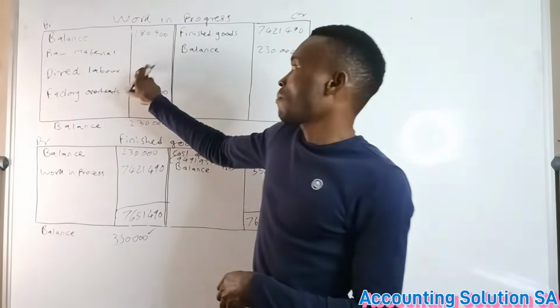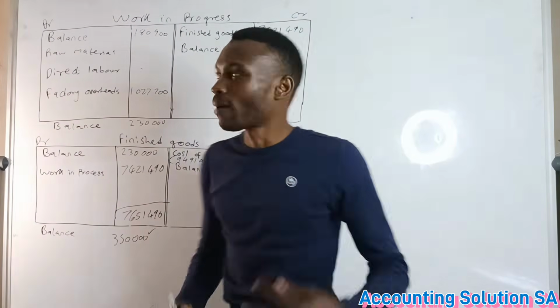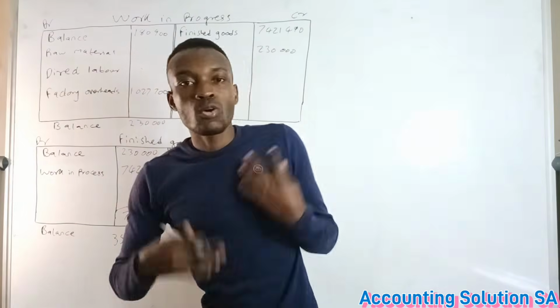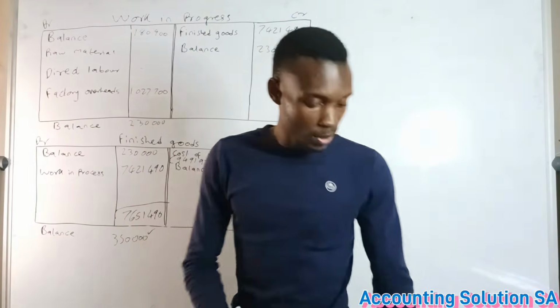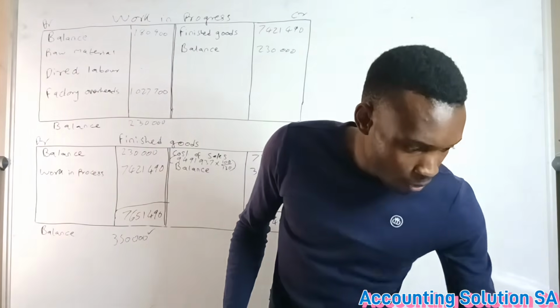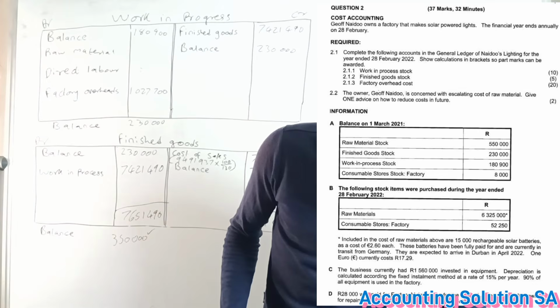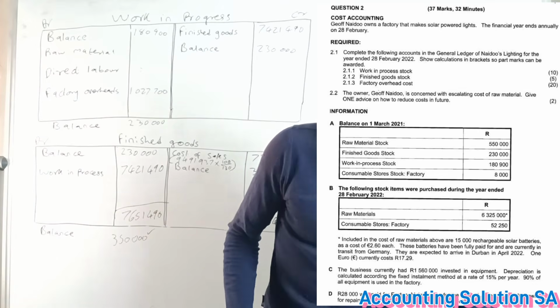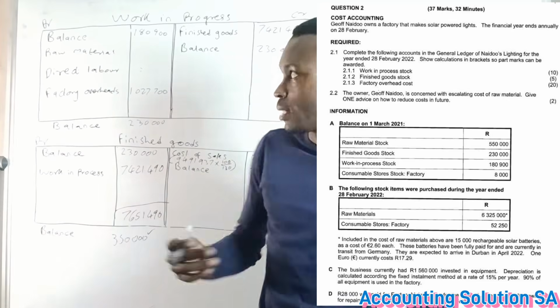Remember, I said that direct labor is the one that we are going to do as a balancing figure, but raw material or direct material, we are going to do a calculation because we have that information. Okay, let's check information number B.